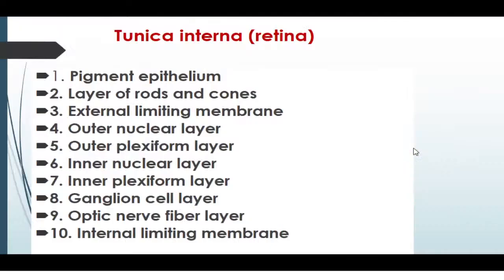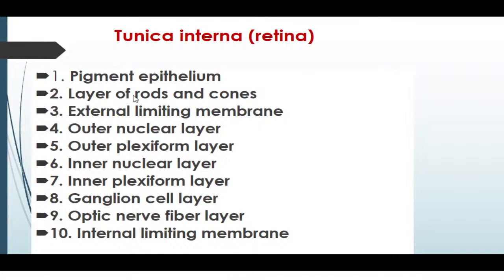And the next layer, the tunica interna, the retina. This is a main component of the eye because it provides the sensations. The main sensation is the result of interactions of neuronal networks of the retina. Pigment epithelium, number 1.